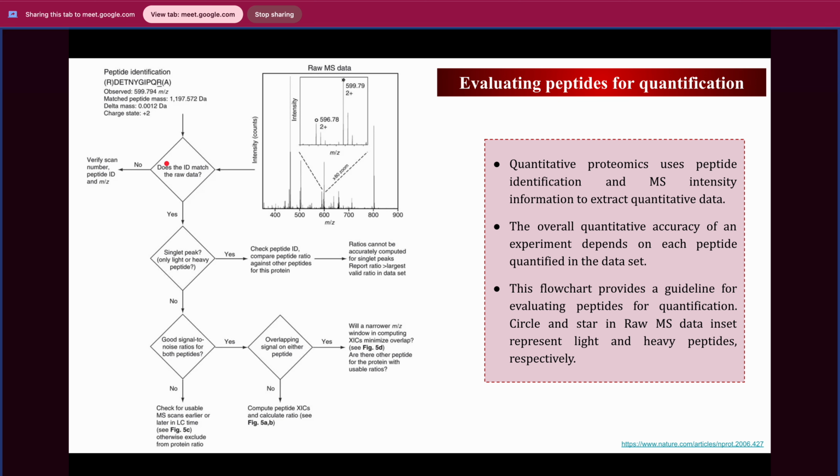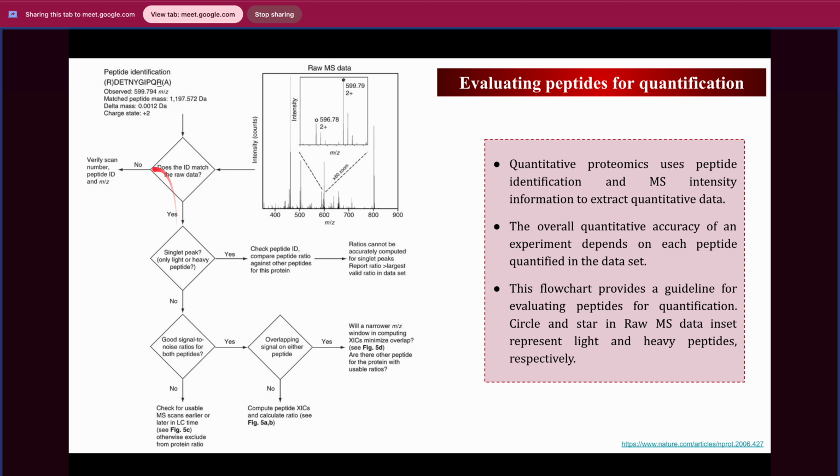After obtaining those peaks, we first match the observed mass to charge ratio with the expected mass to charge ratio, so we can map the amino acid or peptide sequence to this particular spectrum. So we match the ID with the raw data.